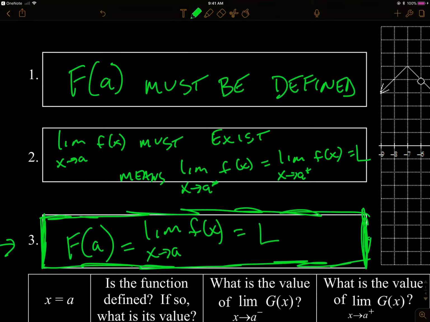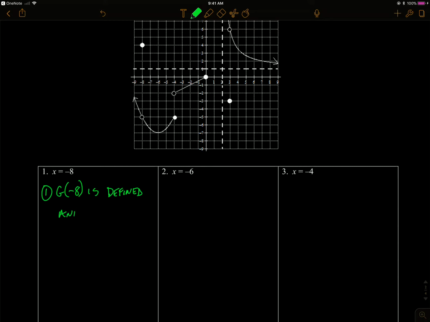So they want us to talk about, at each target value, use the 3-part definition of continuity to determine if the function is continuous or not. So at x equals -8, the first thing we need to check is 1, f, is this function f or g? This is function g. So sorry, I got to use g's. g of -8 is defined, and its value is 4.